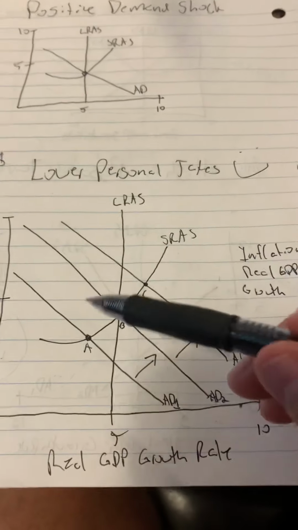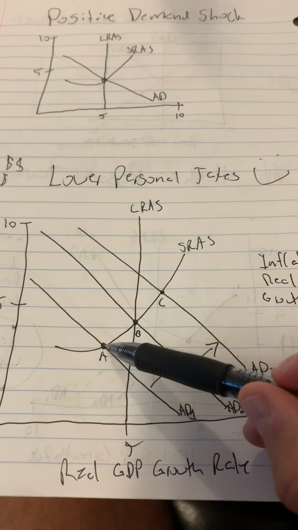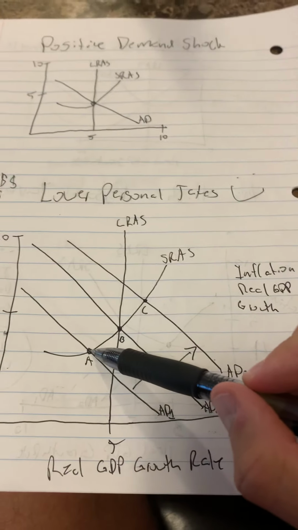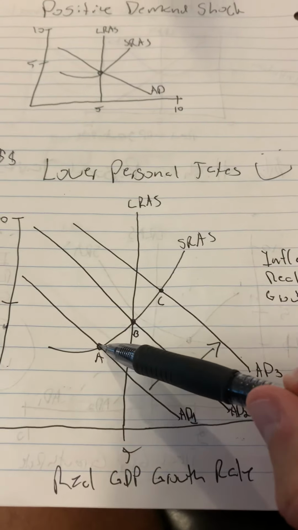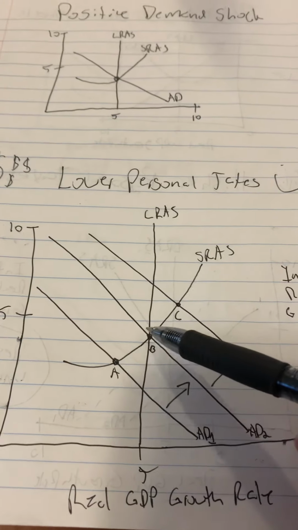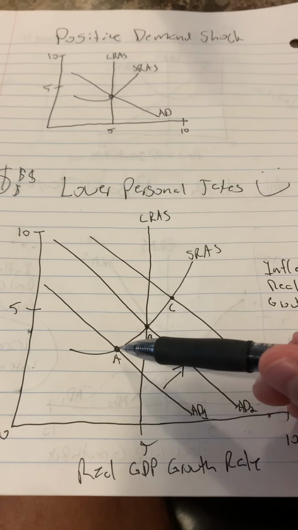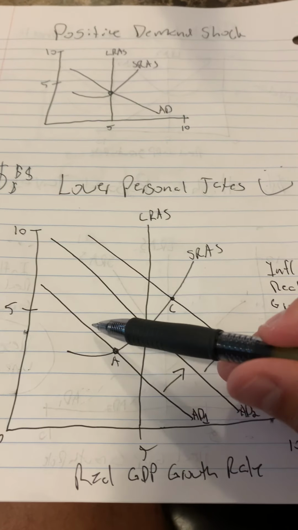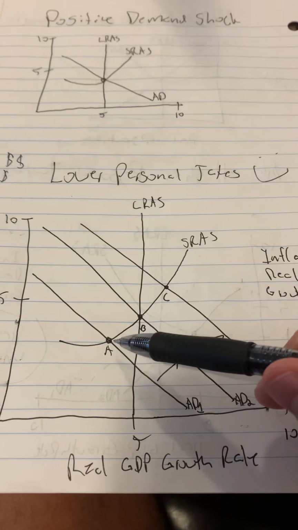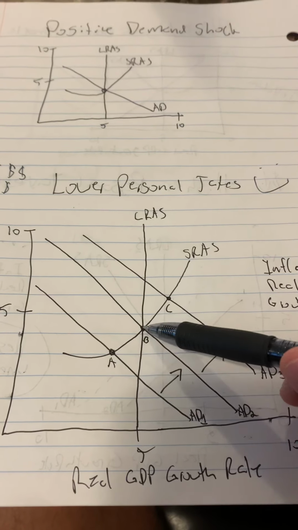For our first example, we're going to pretend that we're already in recession and the government wants to stimulate aggregate demand to bring it back to equilibrium, right where it should be. So we're in a bit of a recession, we have some unemployment, and so we're going to stimulate the economy.